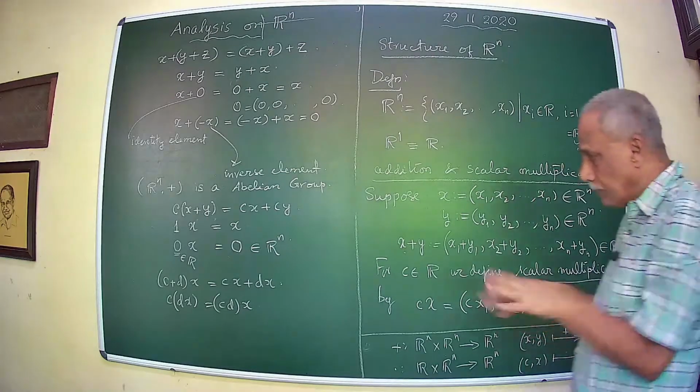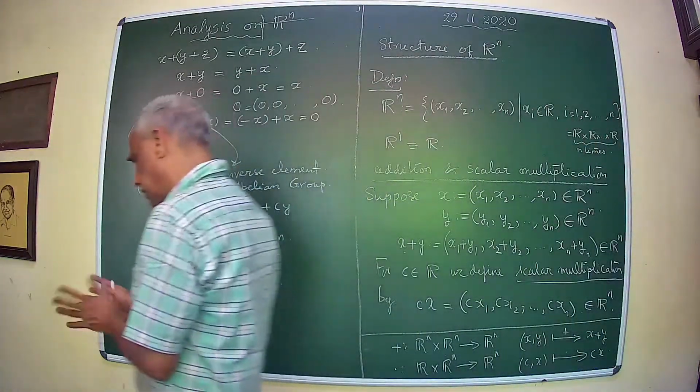So if all these properties are satisfied, then you call it a vector space.